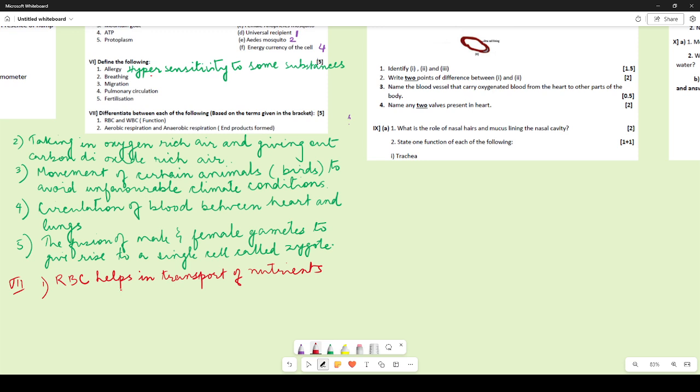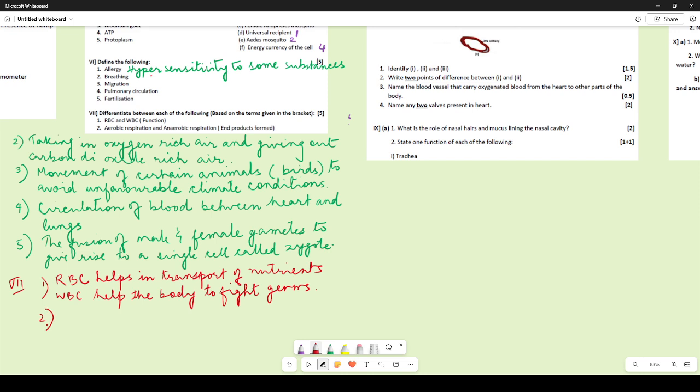Now WBC help the body to fight infections, that is, to fight germs. That is how their function will be differentiated.